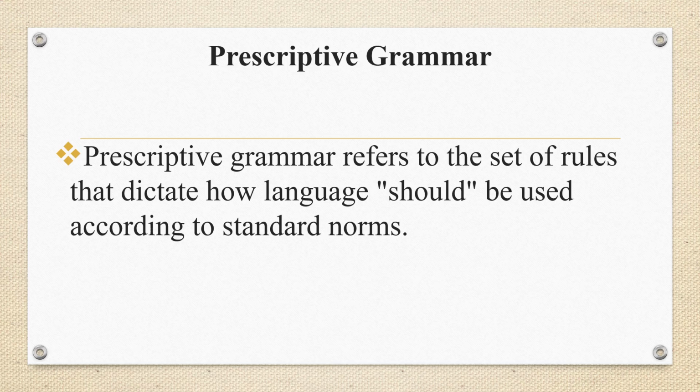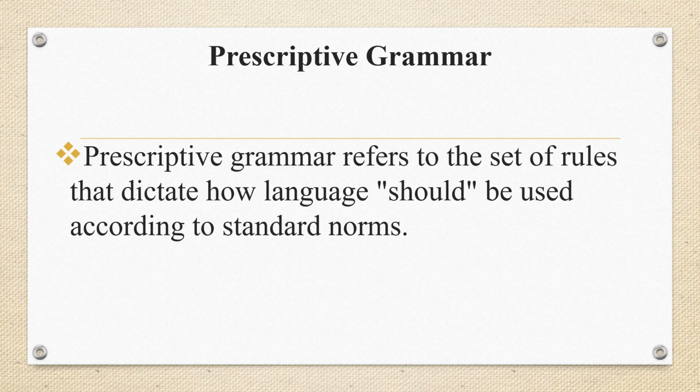Like between him and me, and between he and I. Prescriptive grammar dictates that I should be used when following a preposition, as in between he and I, not between him and me. If we use between him and me, it is considered wrong in prescriptive grammar.